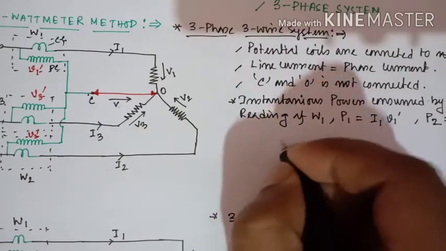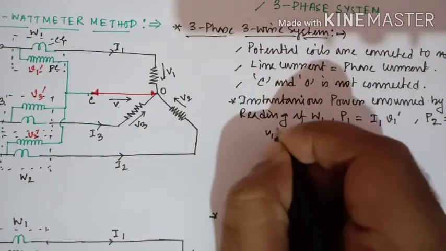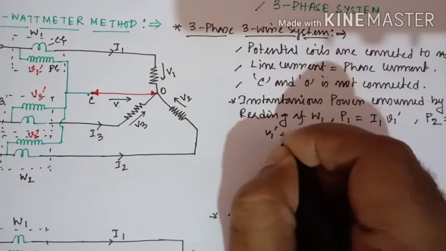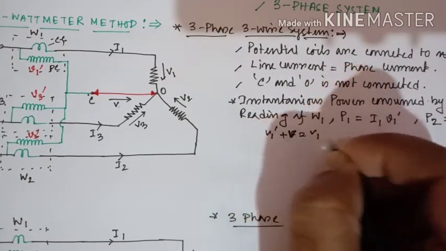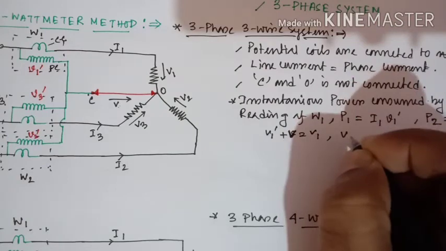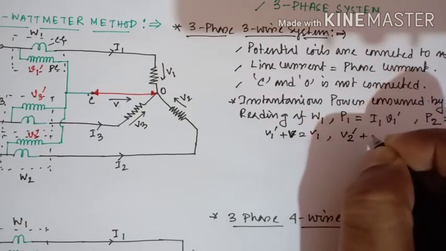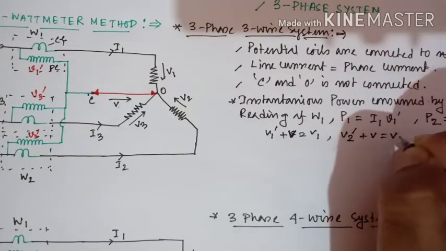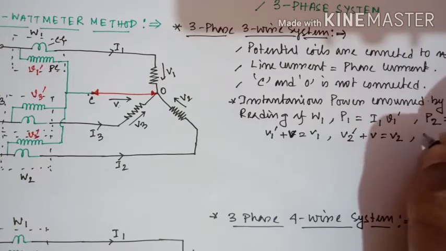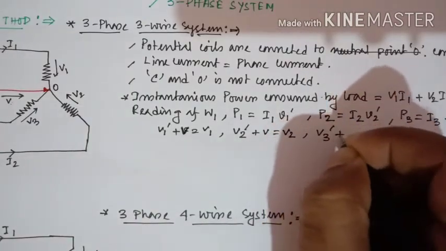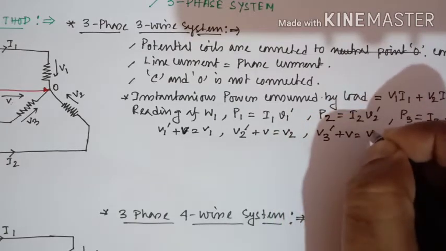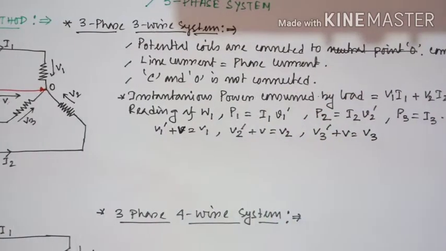So similarly we can write V1 prime plus V is equal to V1. Similarly, V2 prime plus V is equal to V2, and V3 prime plus V is equal to V3.